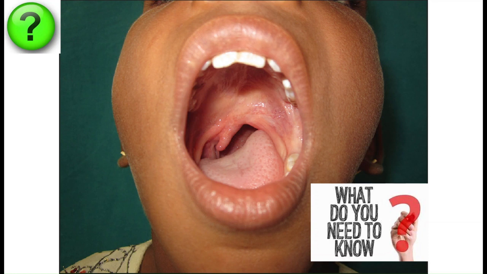Now, what do we need to know about this case? We go to basics. This is one of the rules we have been following. The basics are as follows. First of all, the soft palate is made of two halves, a right one and a left one.